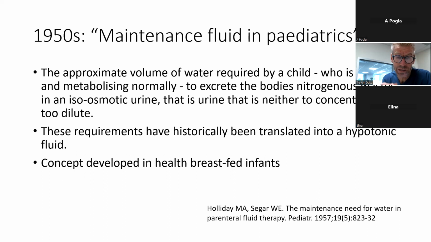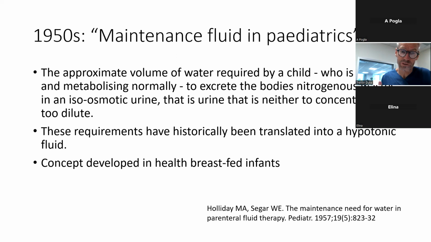I wanted to now talk about this concept of maintenance fluid, because we are taught maintenance fluid in children, and it's the 150-20 rule or the 4-2-1 rule. What you need to understand is where that rule comes from. It was worked out in the 1950s, a long time ago now, on healthy, well breastfed infants.